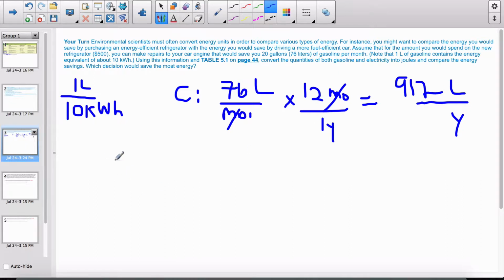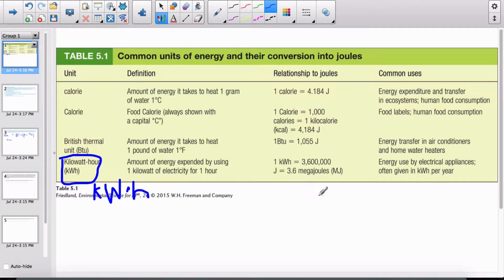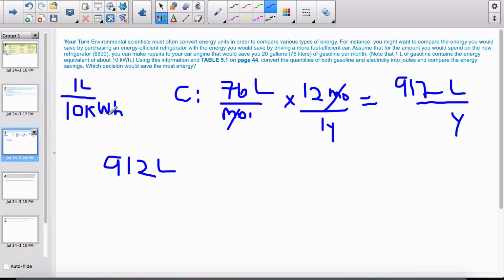So now it says convert that into joules. All right, I'm still on the car. 912 liters. And if you remember, you go back to, what was it? This part, no, not right here. It already gave it to me. Oh, here we go. I got an equivalent here, liters to kilowatt hours. So I want to make sure that I use this equality to correctly cancel out my units here.